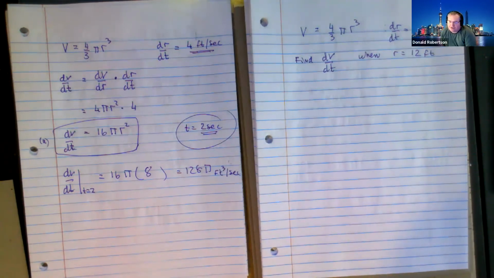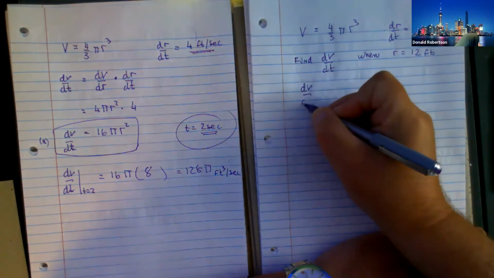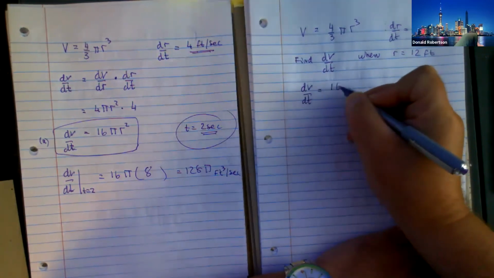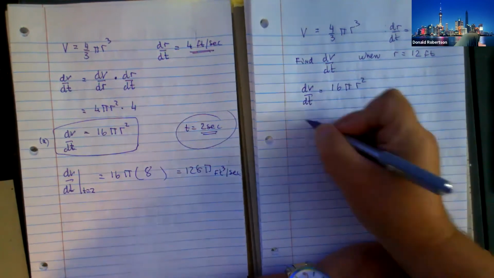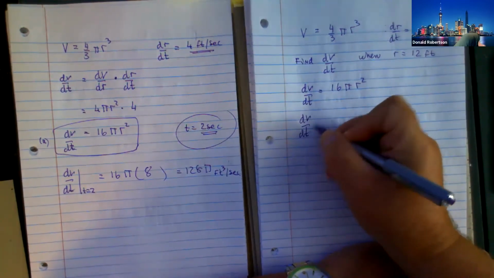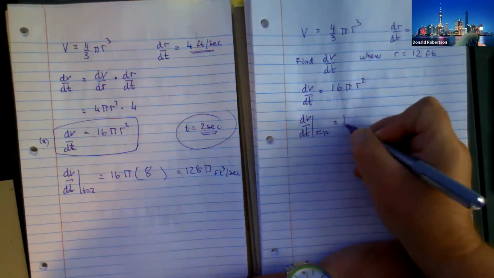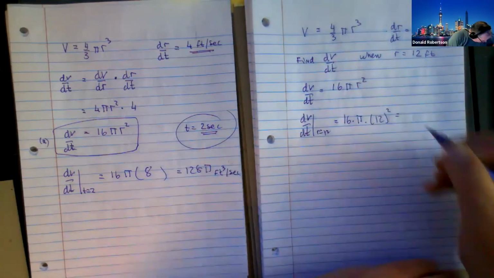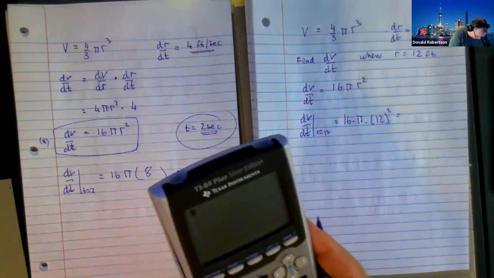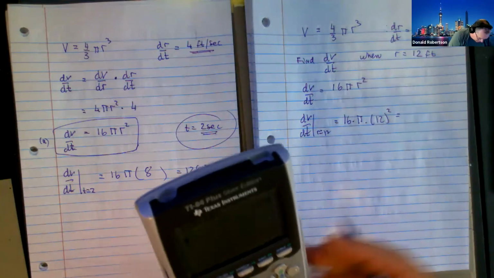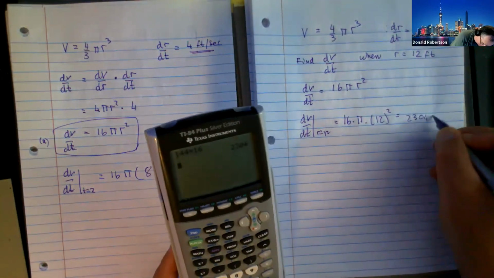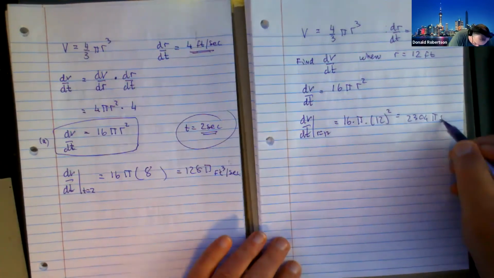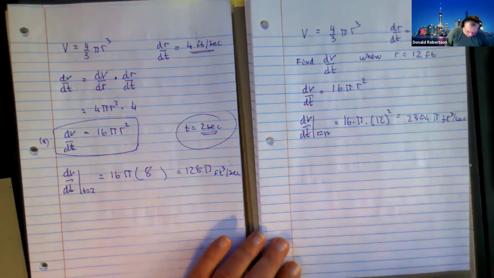Which isn't that just a disguised way of saying in 3 seconds? We already know what dv by dt is. It's 16 pi r squared. And if you want to evaluate that when r is 12, it's just 16 times pi times 12 squared. And that's going to be 144 times 16, and that's going to be a huge number. And the units would be cubic feet per second.